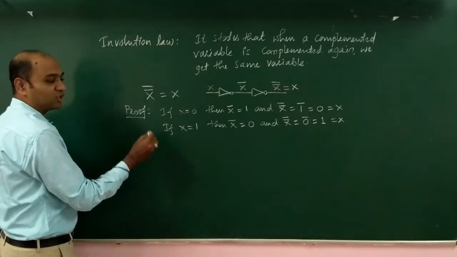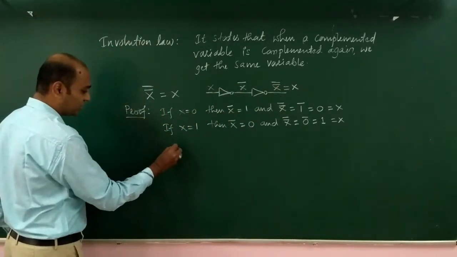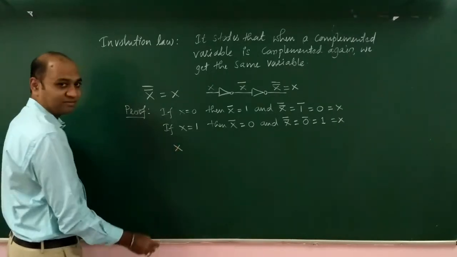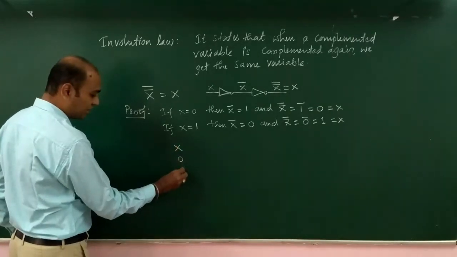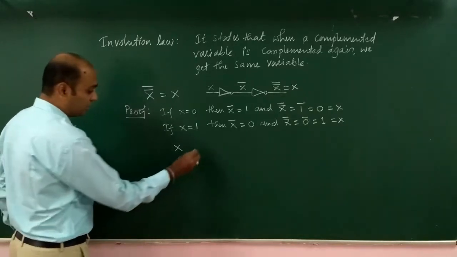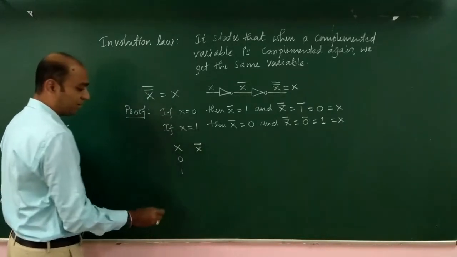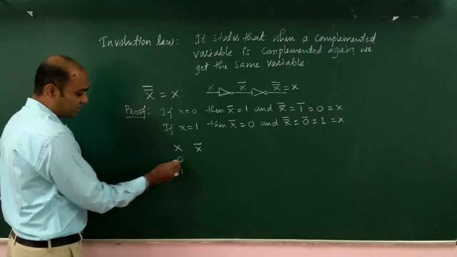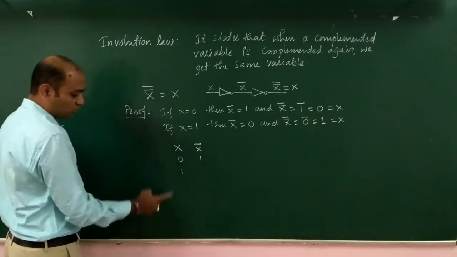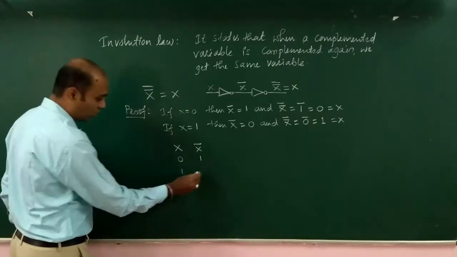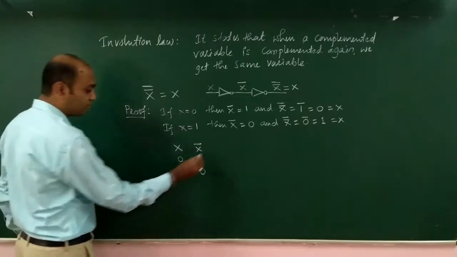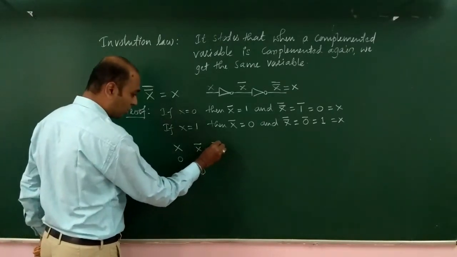Now let us draw the truth table for the same. So here we are going to write the variable x whose values are either 0 or 1. Next we will write x complement. If it is 0, then the complement is 1. If the input is 1, then the complement is 0. Now we are going to double complement this.